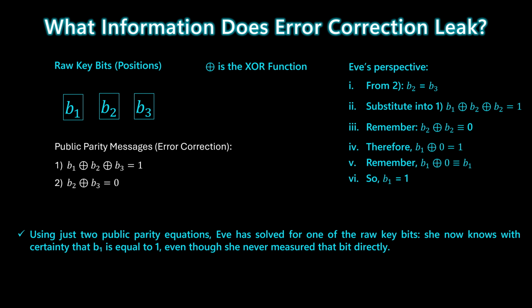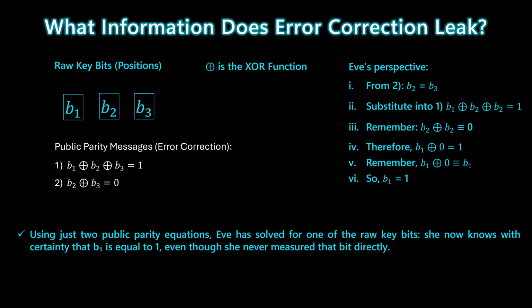Once she knows that B2 and B3 are equal, she goes back to the first rule. When she substitutes that information into the first rule, the relationship becomes even simpler. Two of the terms cancel each other out, leaving only B1 on one side and a known value on the other. From that single remaining condition, Eve can determine the exact value of B1 with certainty.